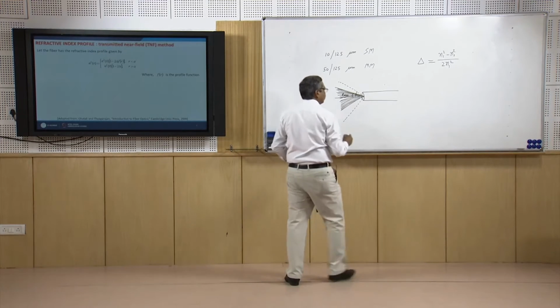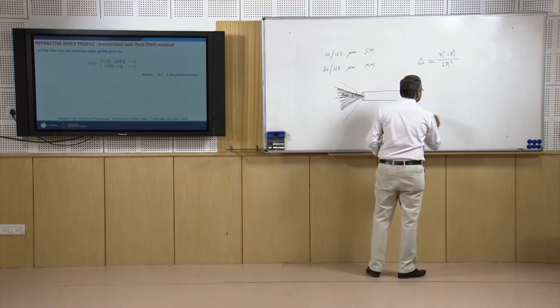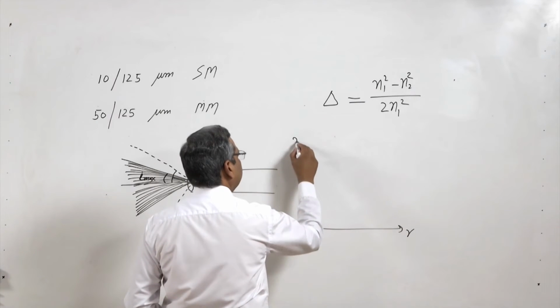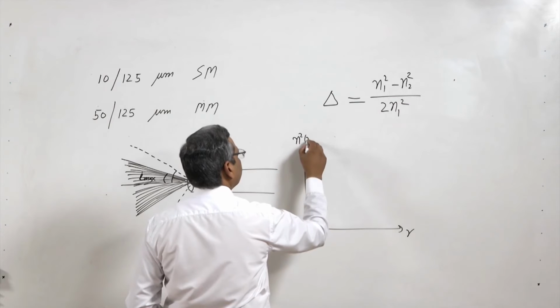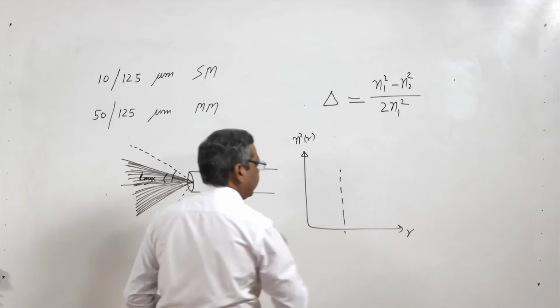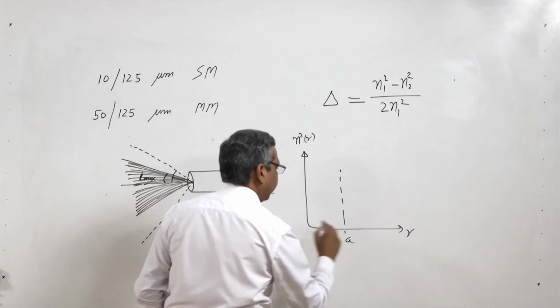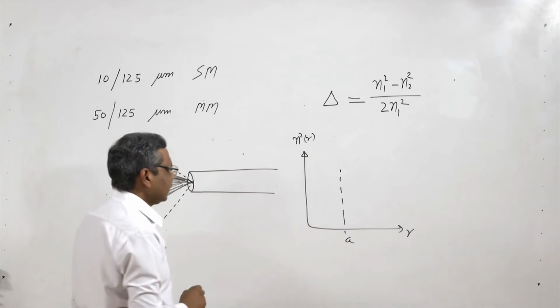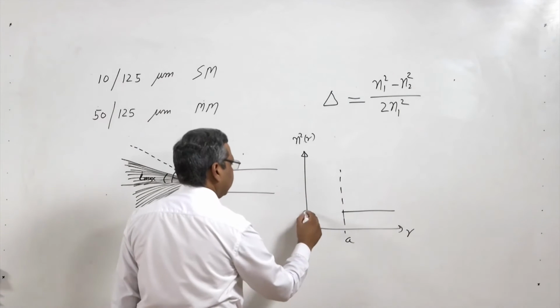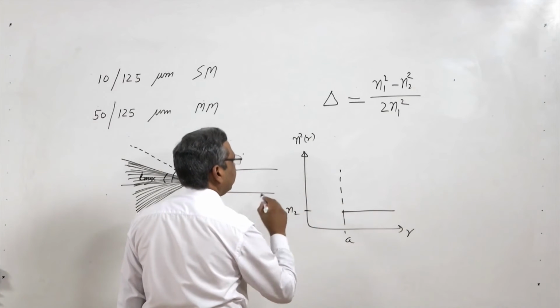It tells you whether the fiber has a refractive index profile; if this is r and this is n square r, this is the core cladding interface, r is equal to a, and this is the cladding refractive index, let us say it is n2.